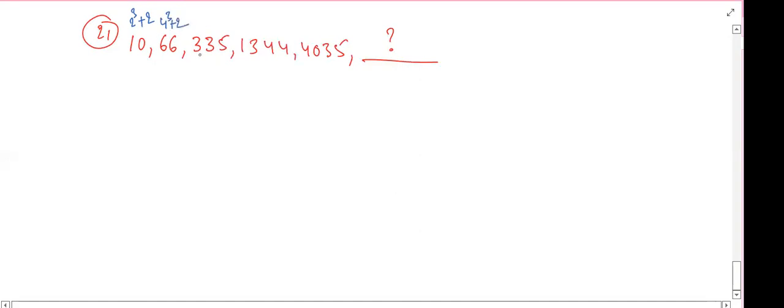And for the next number, 343 is the nearest cube number. 6 cube is 216, 7 cube is 343. 7 cube is 343, so it is 343 minus something. Again, is there any particular pattern? No, sir, no particular pattern.